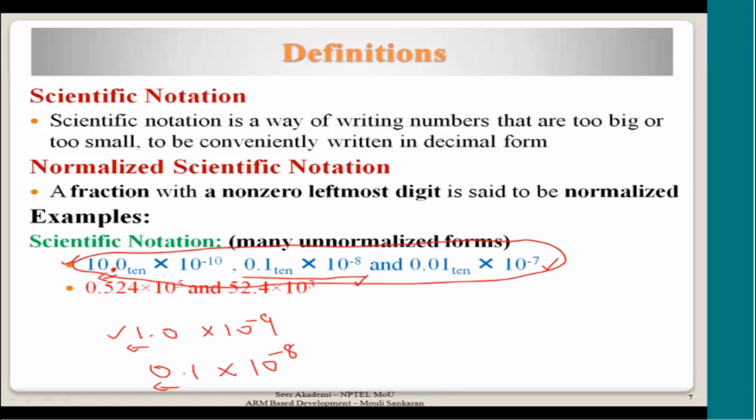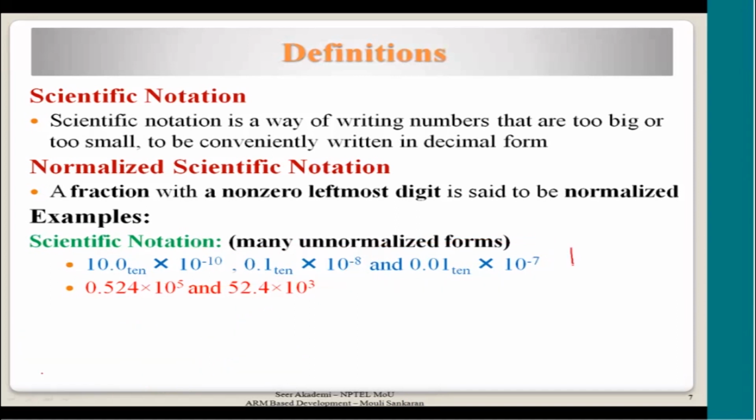The only thing is, where I fit the decimal point decides the exponent of the 10 in the decimal number system. Similarly, this is towards representing a smaller number, and if I am trying to represent a bigger number, both the notations are the same. But is there any limit on how many forms I have in this notation? There is no limit. So there are many unnormalized forms. This is called unnormalized.